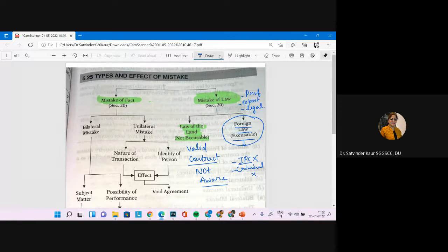So we do not enter into the contract as it is. But in certain cases, if mistakes are made or you are not aware of certain rules of the foreign law, there is still a possibility that it is excusable.